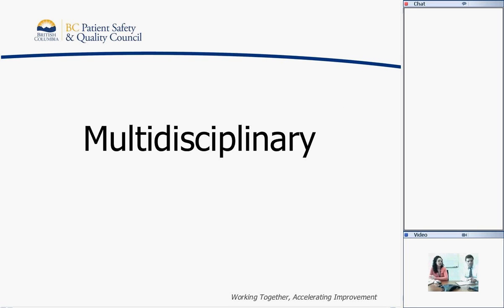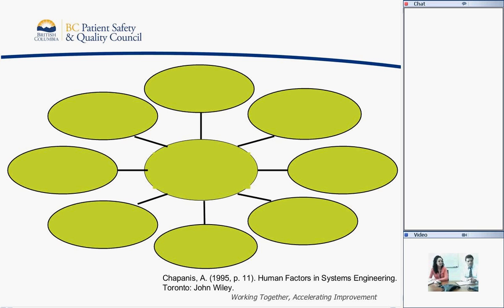Great. So what we're really trying to convey is that it's a multidisciplinary approach. I don't think you'll be able to see this slide from the webinar, but what this shows is that there's a multidisciplinary approach to human factors, and it involves things like psychology, anthropometry, so actual physical body measurements, applied physiology and medicine, and engineering.